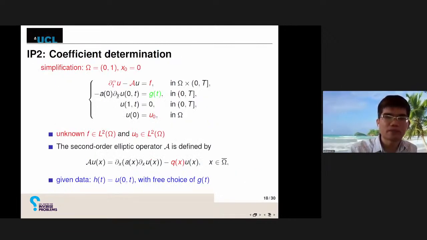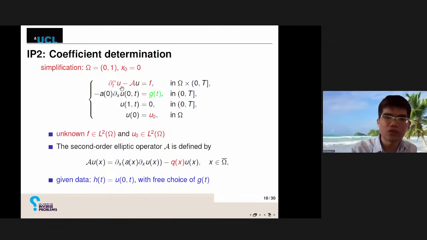We have no idea how to address this very general case. So in order to make the problem more manageable, we will make some simplification. We will assume that our domain is quite simple, just a unit interval, and we will take measurements at the left end point of this interval. Furthermore, we assume that now the boundary condition is known.